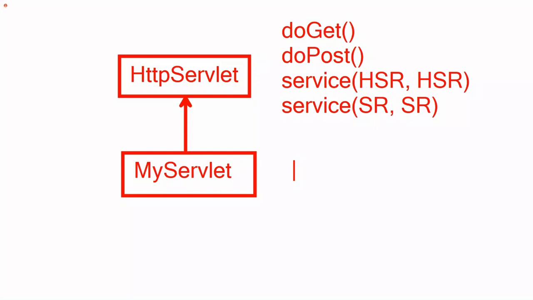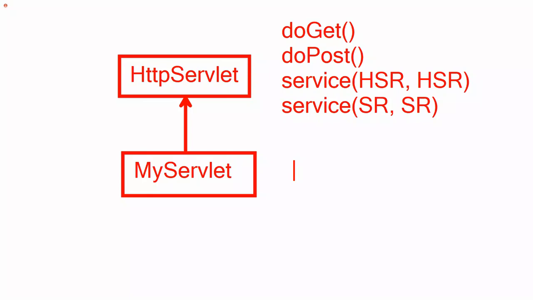Once again, I'll ask a question, give me the answer. How many ways are there to write a servlet program? 3 ways. What is the first one? By implementing the Servlet interface. Second, by extending the GenericServlet class. Third, by extending the HttpServlet class.